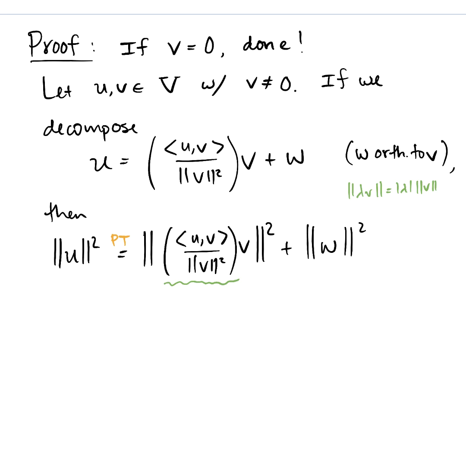In any case, that mess inside the parentheses is just some number. So pull that out of the norm, bearing in mind that it's norm squared. And I think what we'll have is the absolute value of inner product uv squared over norm v squared squared, so norm v to the fourth. And after we've pulled out that scalar in front of that first norm squared, all that's left inside is v.